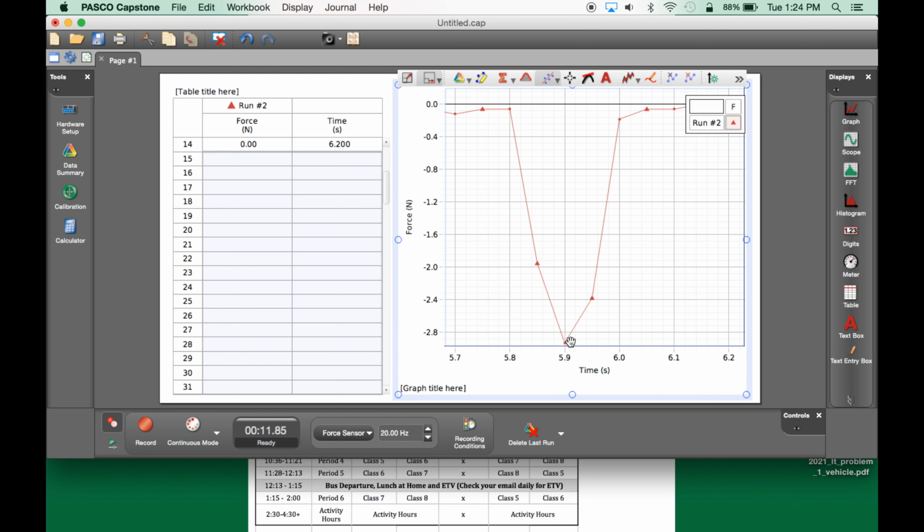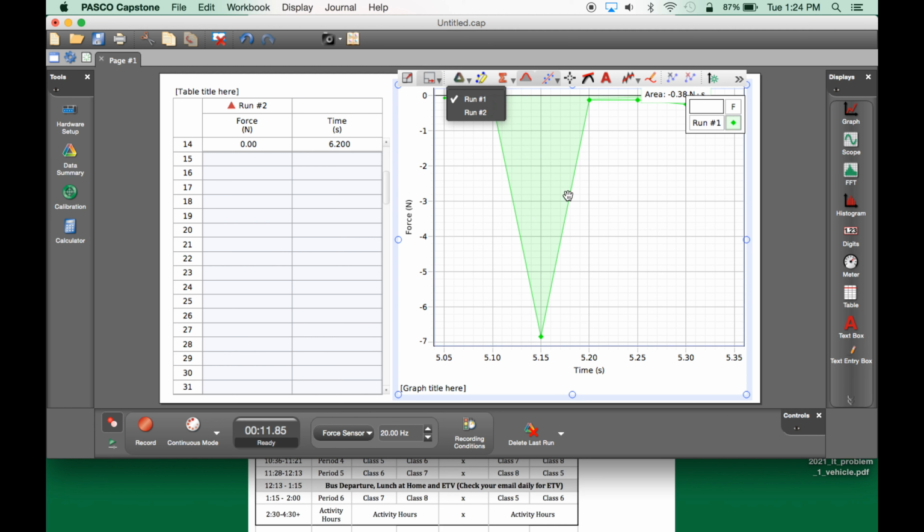And obviously it's a lot less newtons. So if I do the area under the curve here, negative 0.40 newton seconds. Well, what's significant about that? We have negative 0.40 newton seconds to stop the troll here. And I can probably even cut that down a little bit because I have some extraneous information up top and up here, versus run 1, negative 0.38 newton seconds.